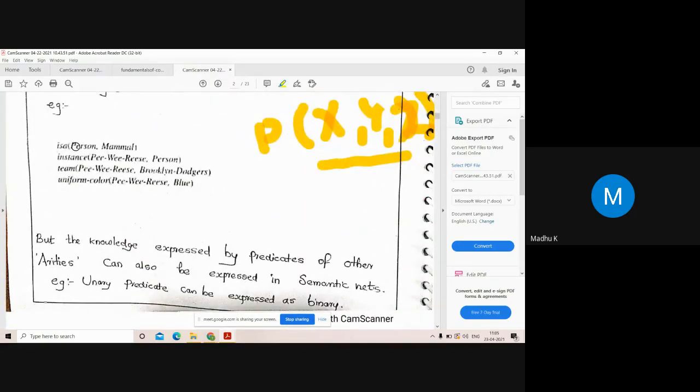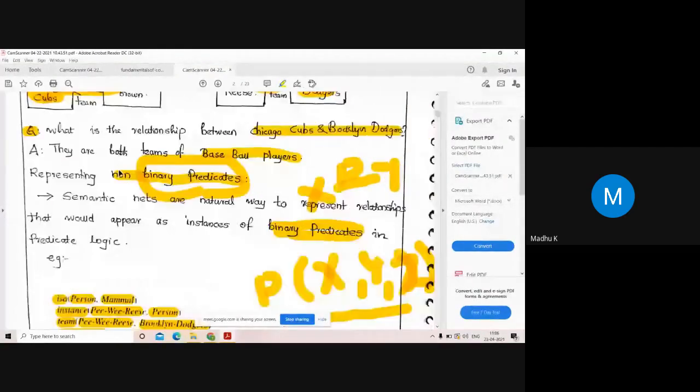I will give some examples of binary predicates. For example, person, mammal, the relation is isa. Instance relations, team, and uniform color blue. That is equal to this.